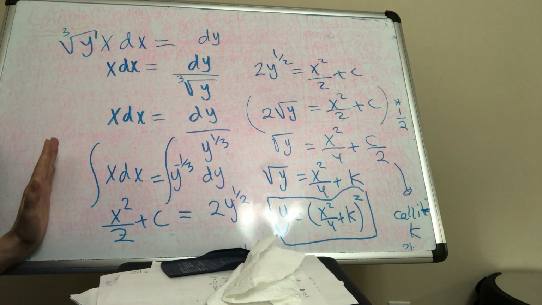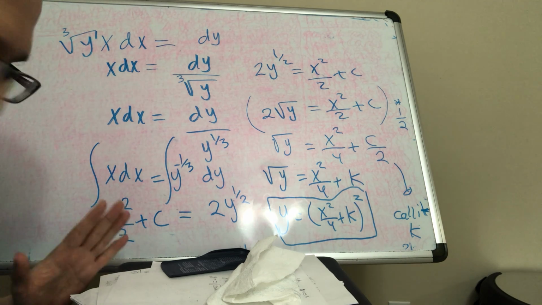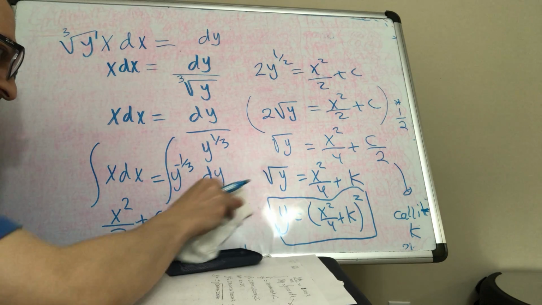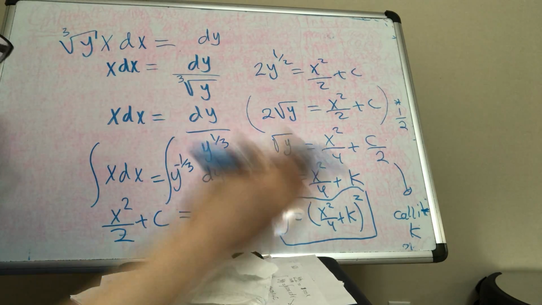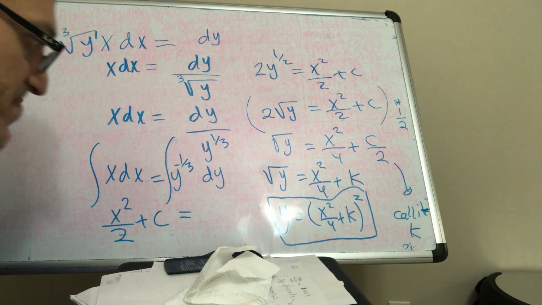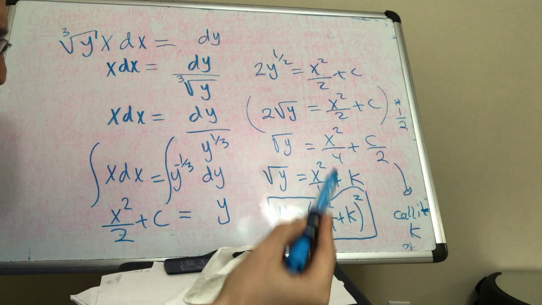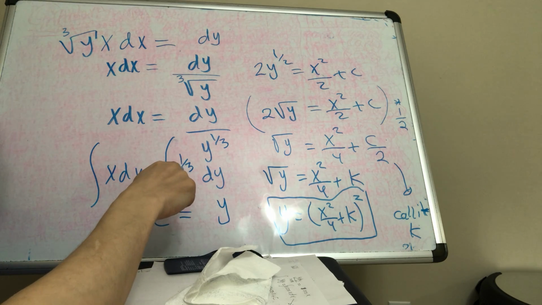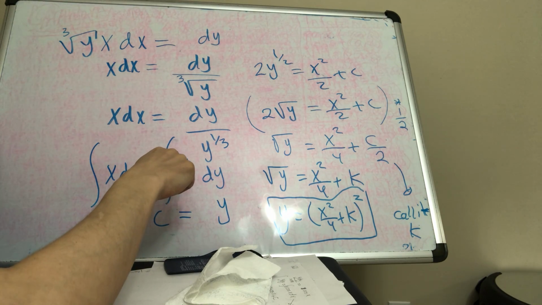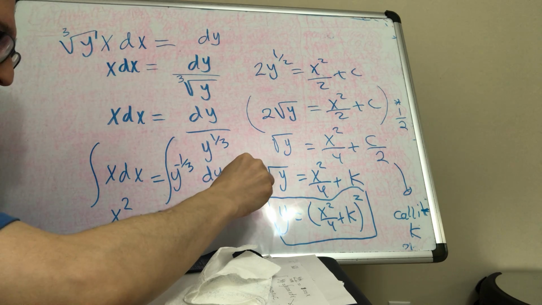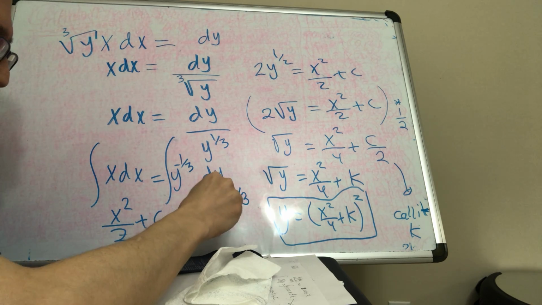So the integral of the left-hand side is the same, no problem. Now you integrate y to the negative third. You add 1 to the exponent, negative 1 over 3, you add 1 to it, becomes 2 over 3 times the reciprocal.